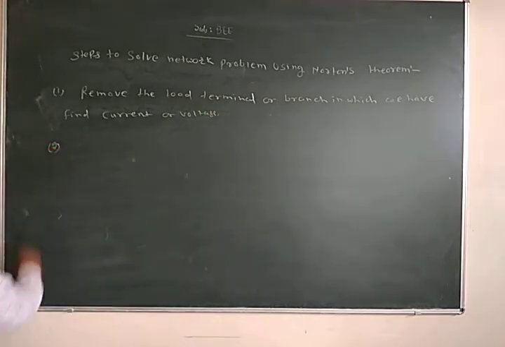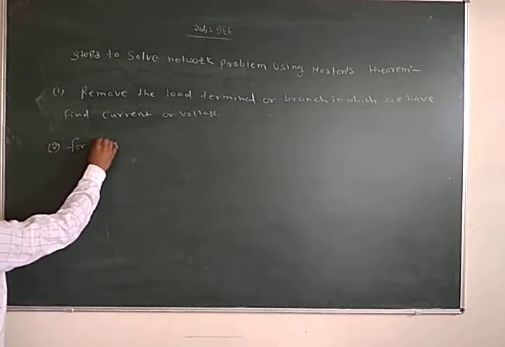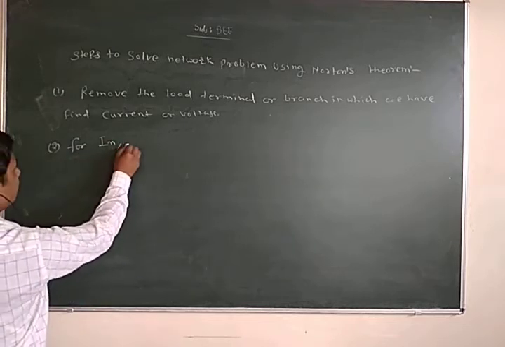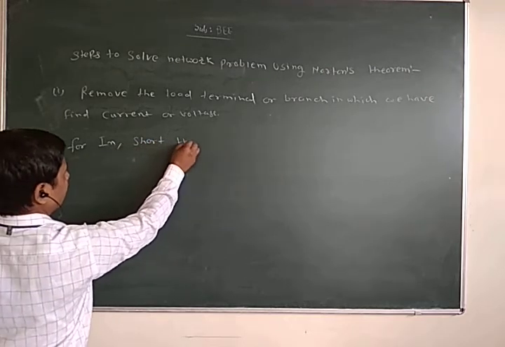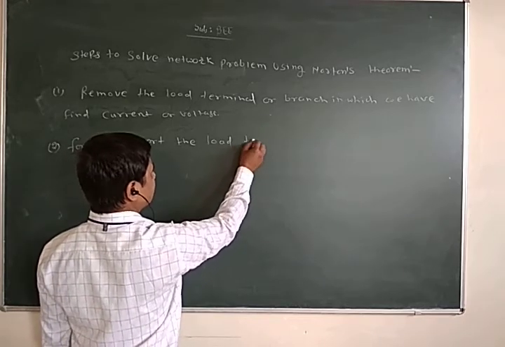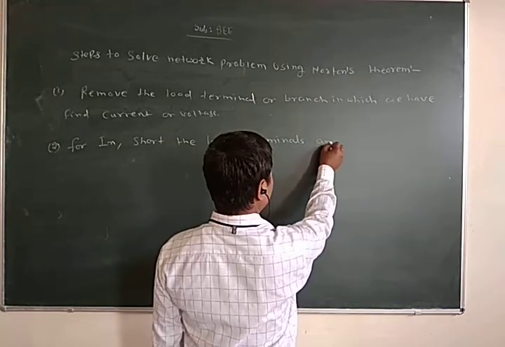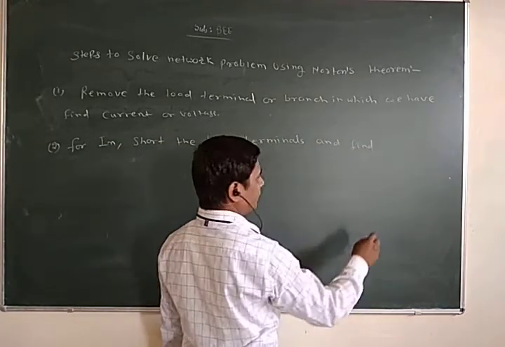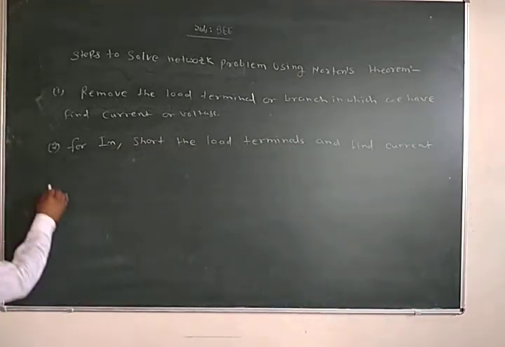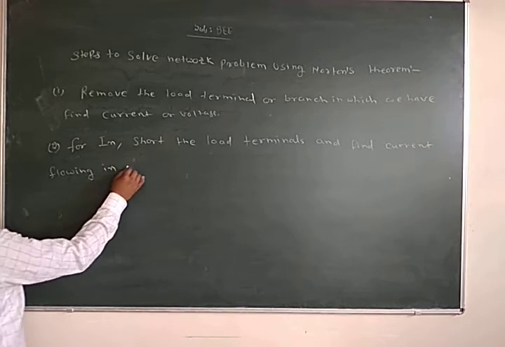Second is for IN, or to find the value of Norton's current: short the load terminals and find the current flowing in the shorted branch.